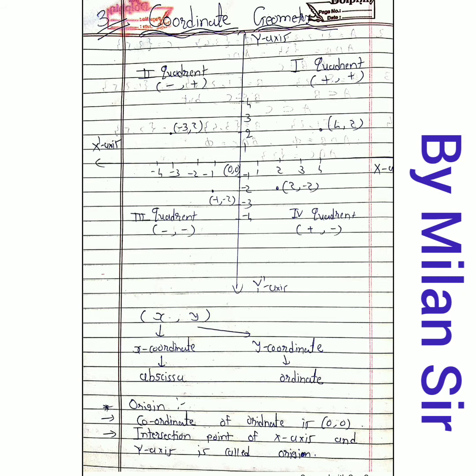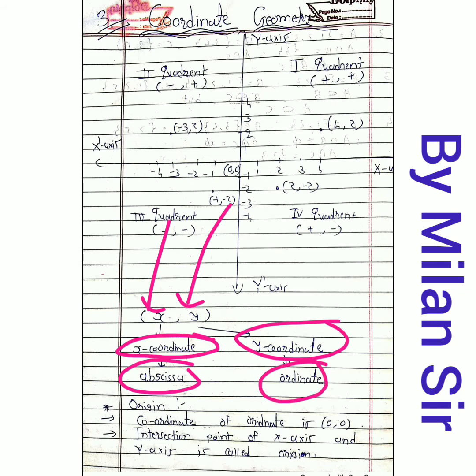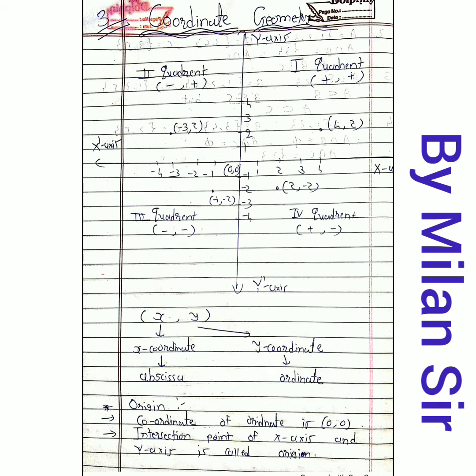So this is our x coordinate and this is our y coordinate, that means the value on the x-axis and the value on the y-axis. One more thing: the x coordinate is called abscissa, and the y coordinate is called ordinate. Abscissa means your x coordinate and ordinate means your y coordinate.